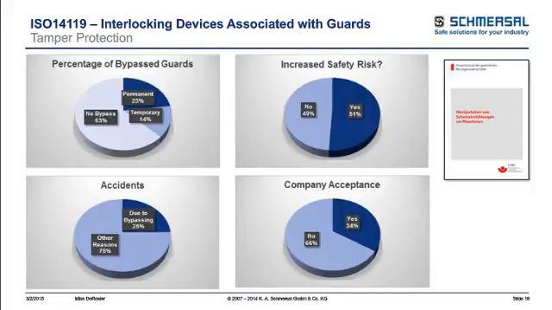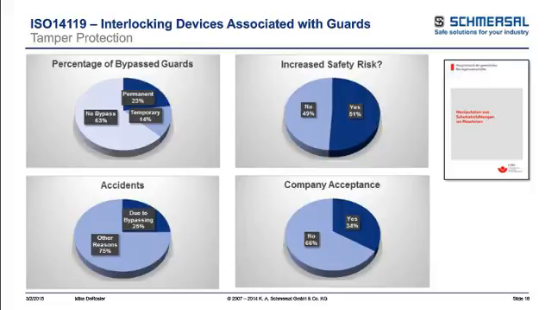The accidents that have occurred in the fields that they studied over in Europe was that 25% of the accidents or fatalities were due to bypassing of safety devices. And then the last figure that I thought was real interesting was the company acceptance, where 34% said that their company accepted that as a common practice.